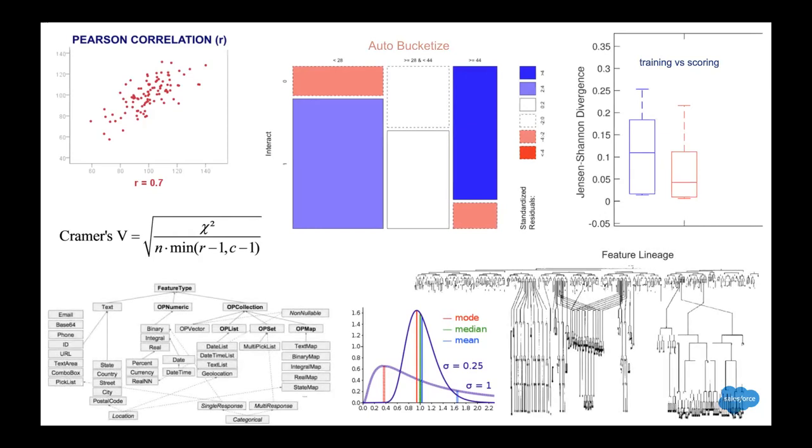On the right here, you can see the feature lineage. This is the number of transformations from an actual customer data set that we apply for each feature type. If you asked a data scientist to prepare a similar transformation DAG, it would be a very, very tedious job, which we fully automated.